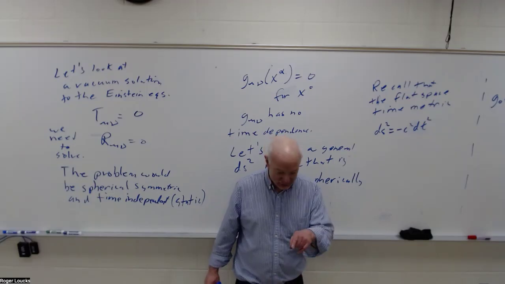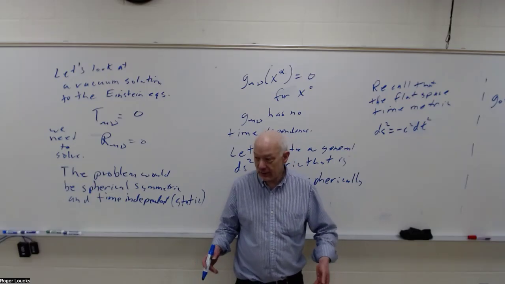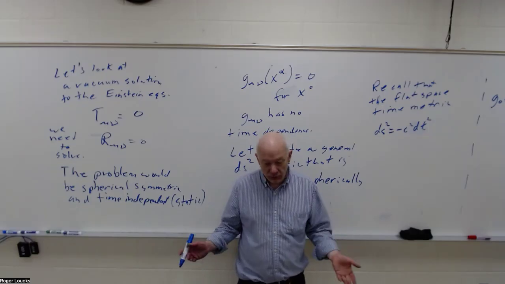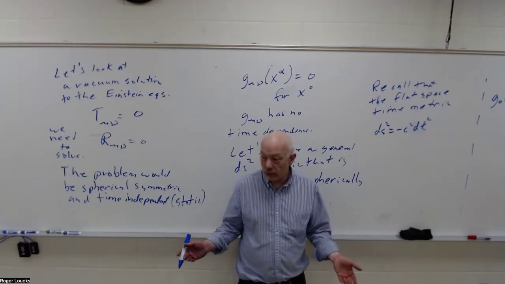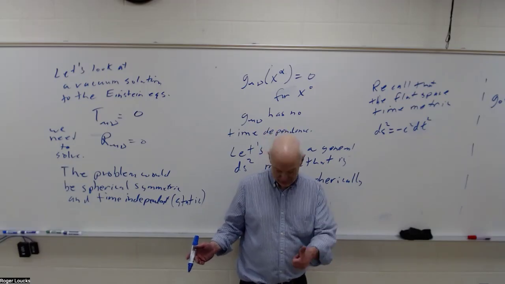I copied it from a book without looking much at it, and I think that most books end up letting c equal 1 right away. And I've not been doing that. So we may or may not be putting in c equals 1, except when we need it.